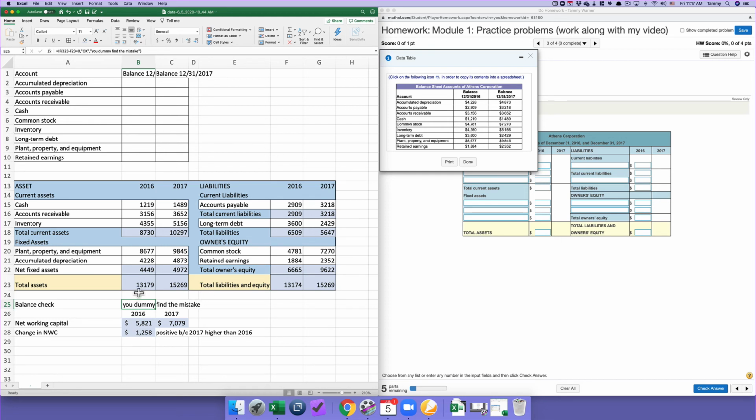So we can do a balance check for 2016. So we know that we've got a $5 problem here in 2016.